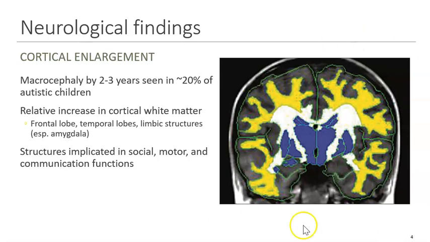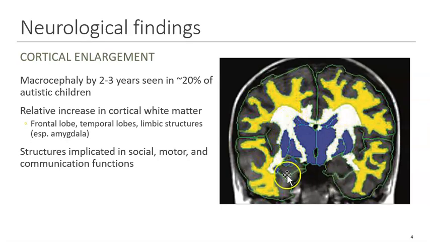So if we look at this image here, this is a graphical representation of non-uniform growth patterns in the autistic brain. The yellow areas indicate the outer radiate white matter zones, which are larger in volume in this study of children with autism than in controls. The white area represents bridging and sagittal components, which did not differ in volume from controls.